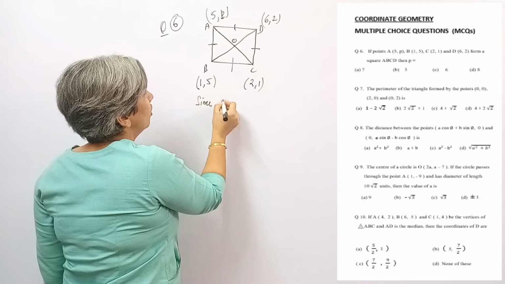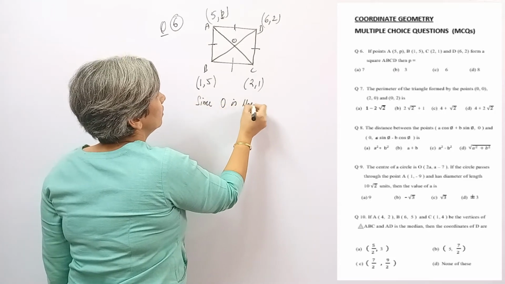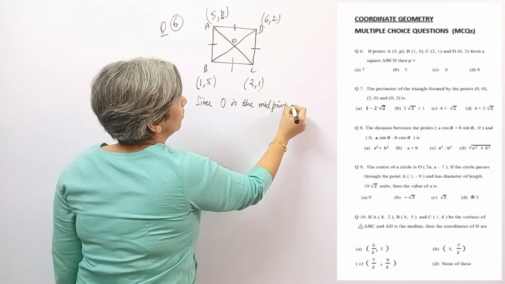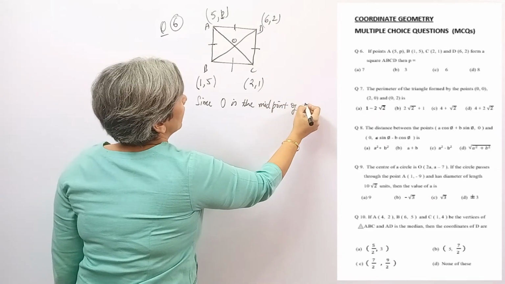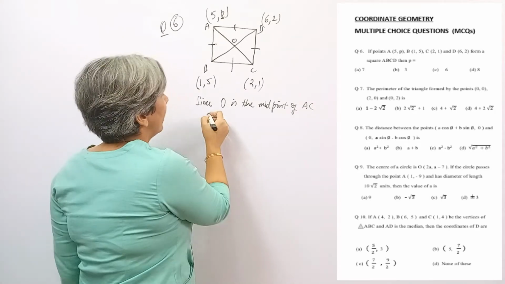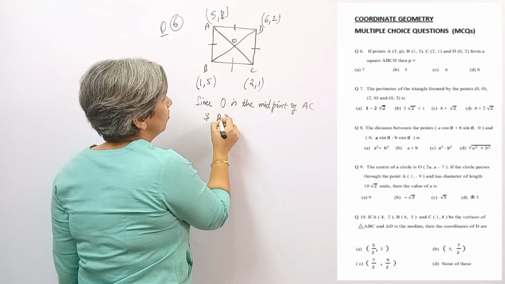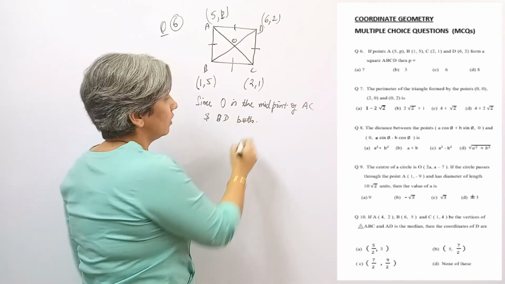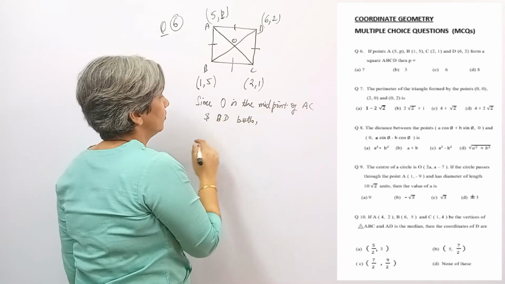So we'll find out, since O is the midpoint of AC and BD both, right? O is the midpoint of AC and BD both.